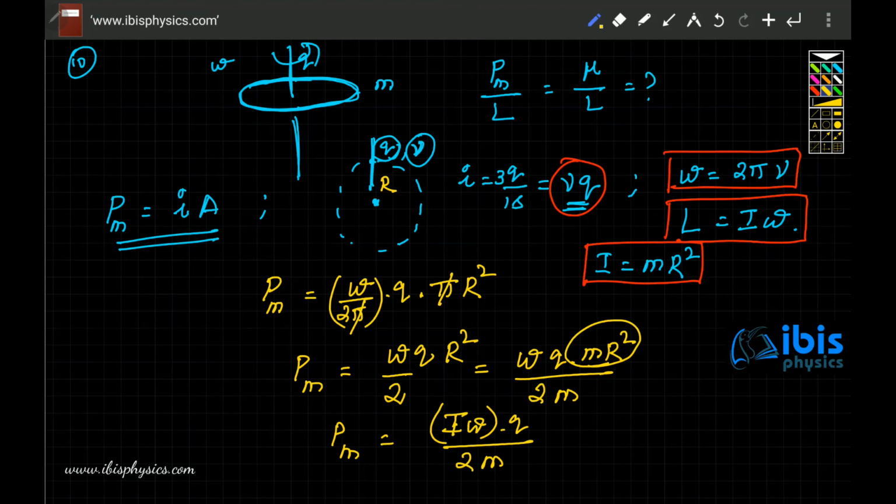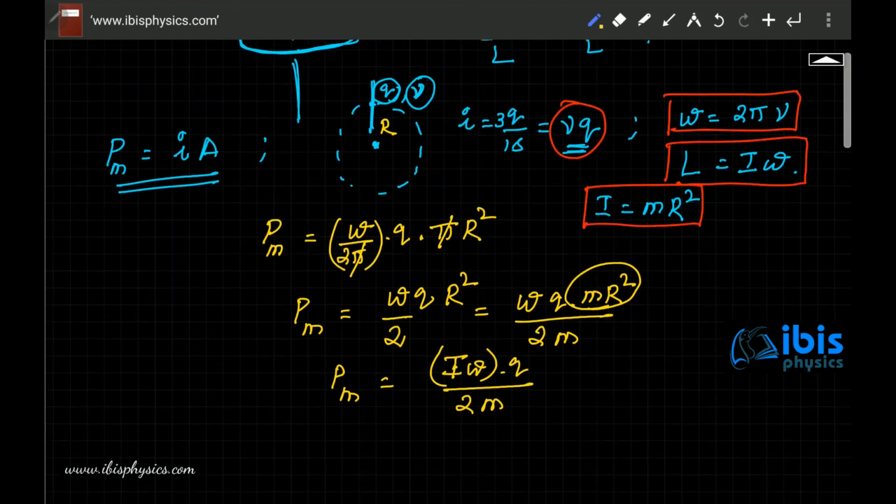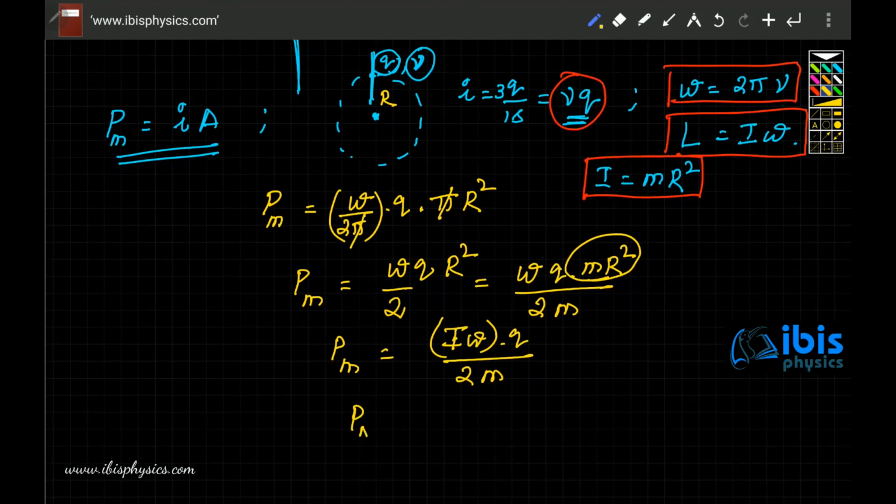I omega is nothing but angular momentum. Hence, magnetic moment is equal to angular momentum into charge divided by 2m, which means the ratio of magnetic moment to angular momentum Pm divided by L is equal to charge by 2 times the mass.